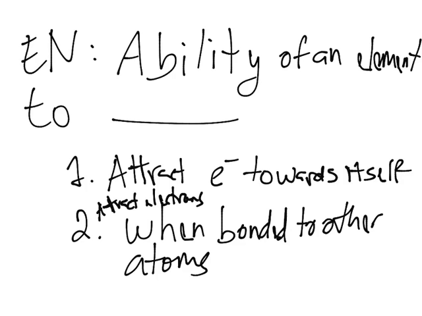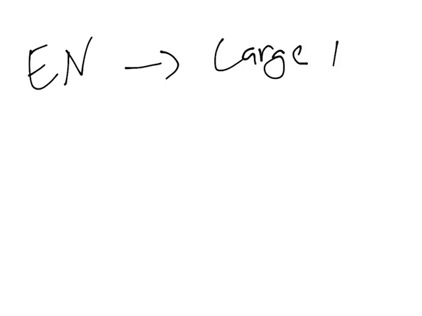So in other words, something that is very electronegative will have a very high electron affinity, so a large electron affinity and a high ionization energy.